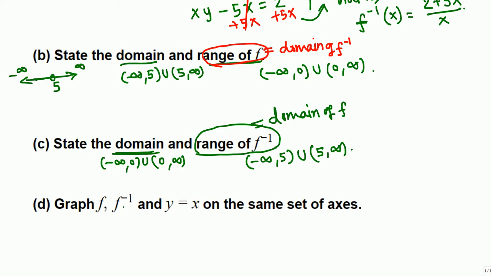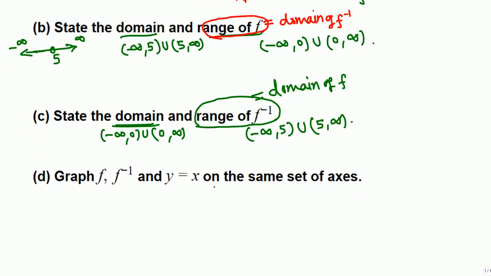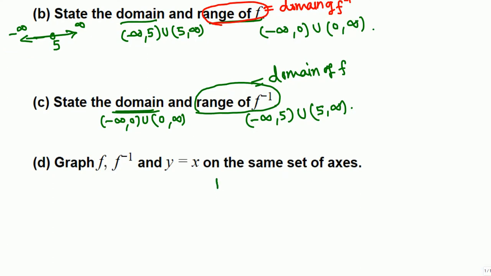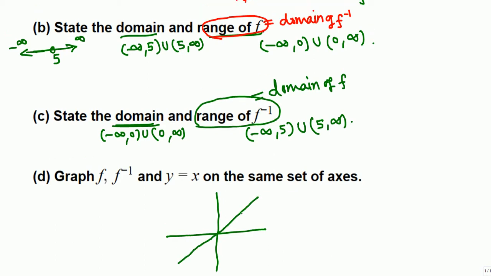Graph f inverse and y equals x. This is the identity line on the same set of axes. So use your calculator and graph. So y equals x is the identity line. And f and f inverse, since they are inverses of each other, your graph of f should be a mirror image with respect to this line, or symmetric with respect to this line.